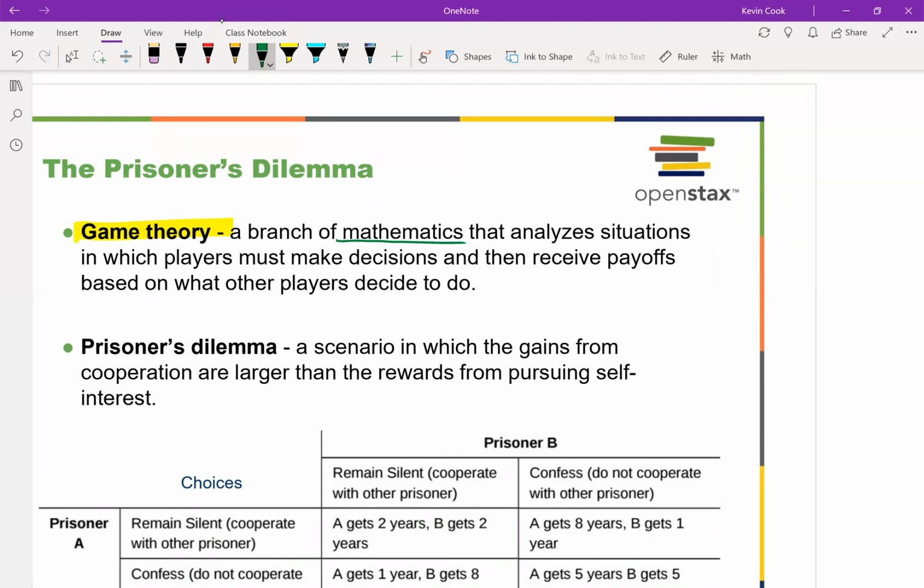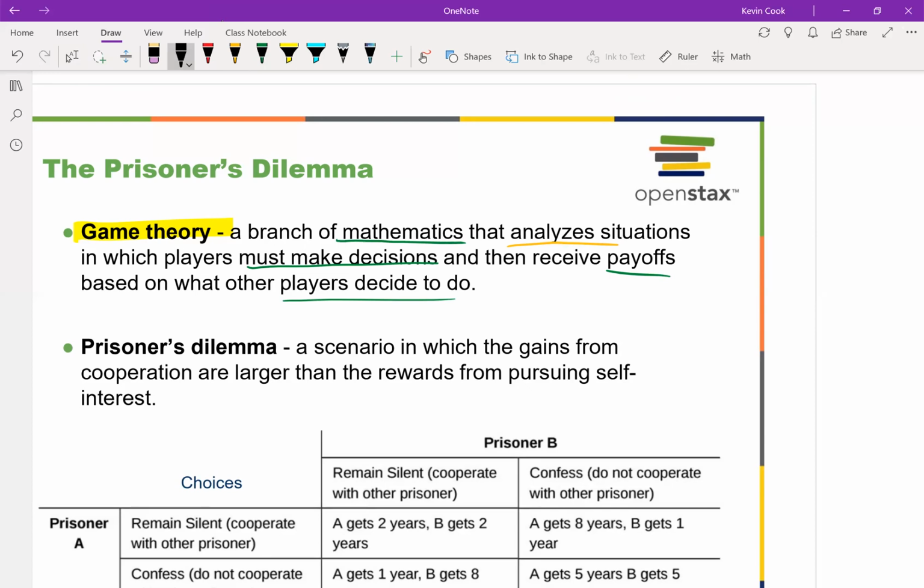We talked about the strategy game, right? I make my decision based off what you're going to do. You make a decision based off what I do. Game theory is going to analyze these games and help you decide what decision a player makes based off of their payoffs and based on what other players decide to do.